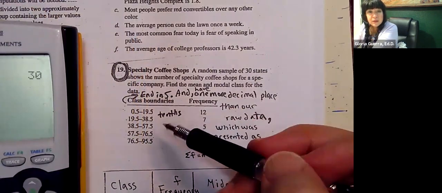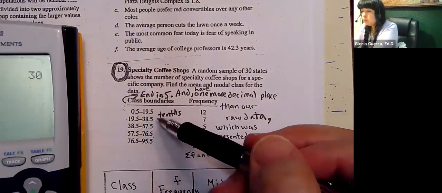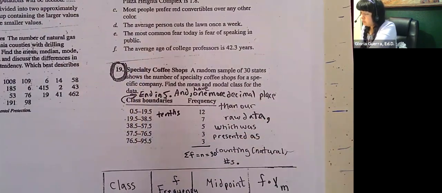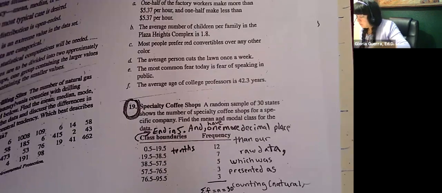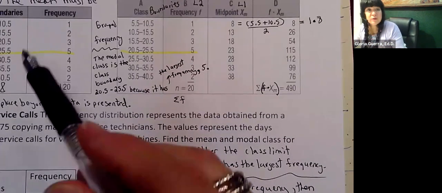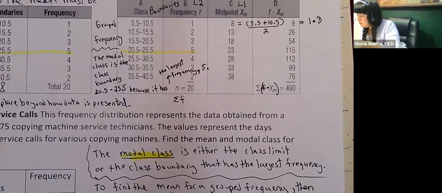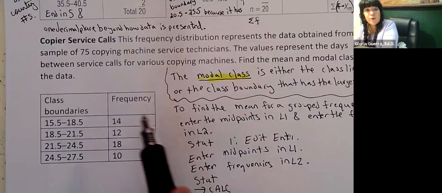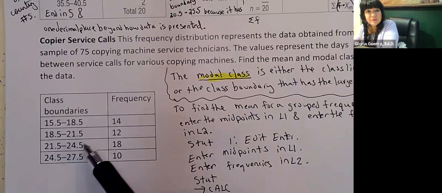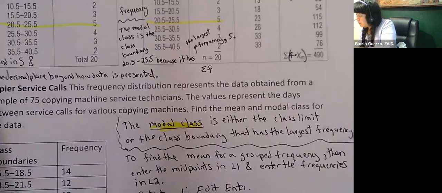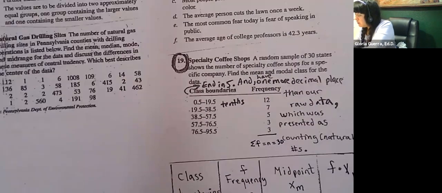And then notice the class boundaries. Notice how these end in the tens place. It's similar to the previous one we were doing, which was also the tens place. Sorry, kind of boring, right? But that's why these are all in the tens place.